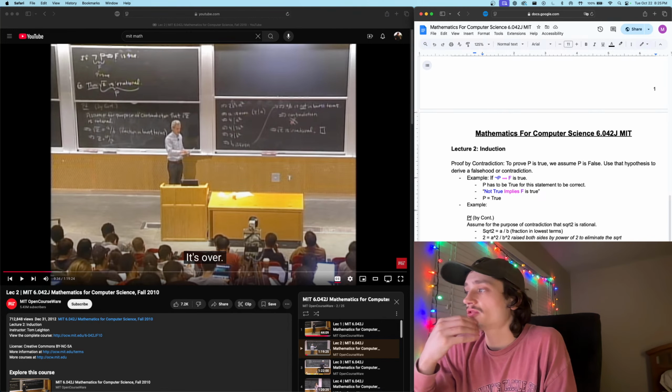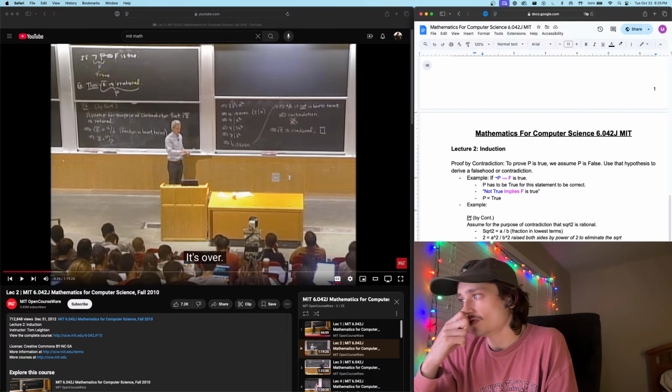Now we have 2b squared is equal to a squared. Now we can't really do anything further besides just divide 2 back over to a squared, making b squared equal to a squared.